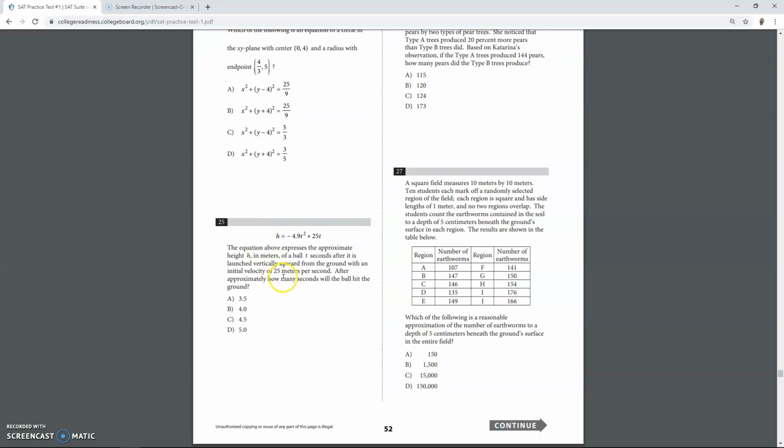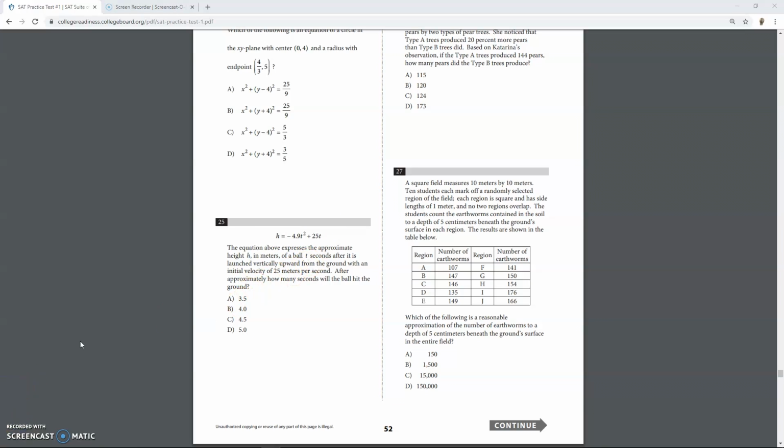For question 25, it wants to approximate how many seconds until the ball hits the ground. So we have the initial velocity of 25 meters per second, that is the 25 meters per second here, and we have h as height and t as time, so it will directly launch, and so we just need to find out what this will be.